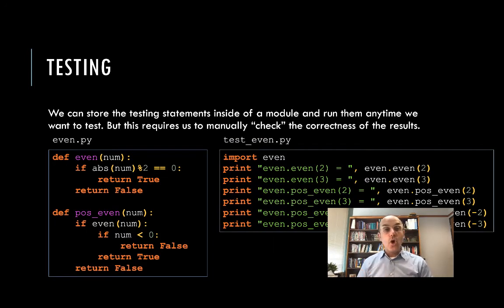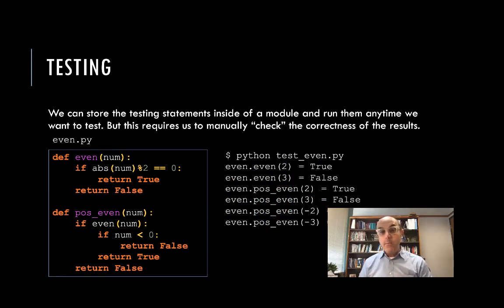You can store the data of the testing result inside the module and run them anytime you want, but this requirement is usually checked manually for correctness, and this is really important.